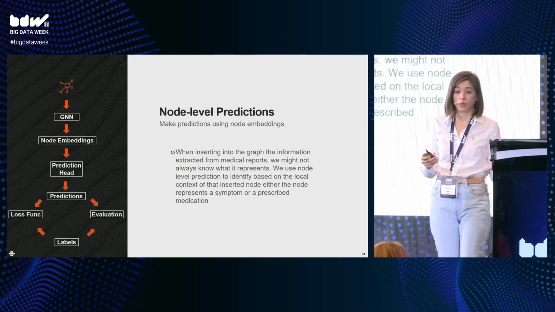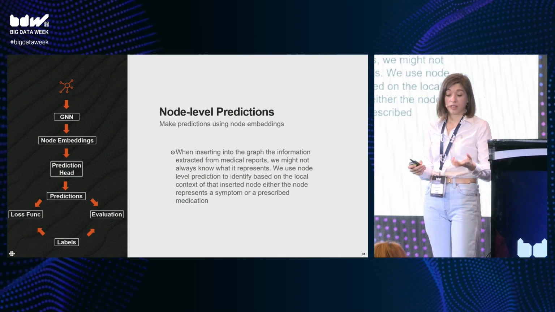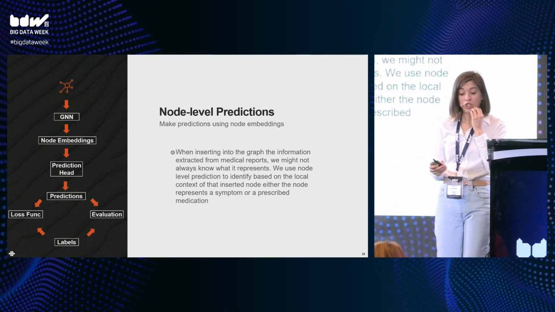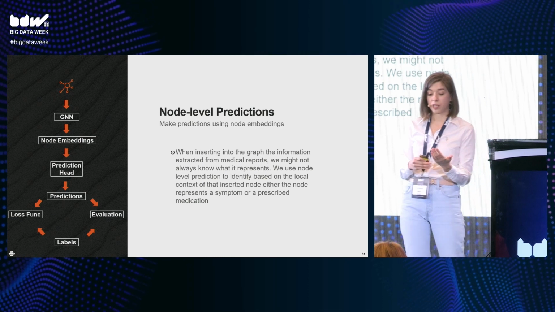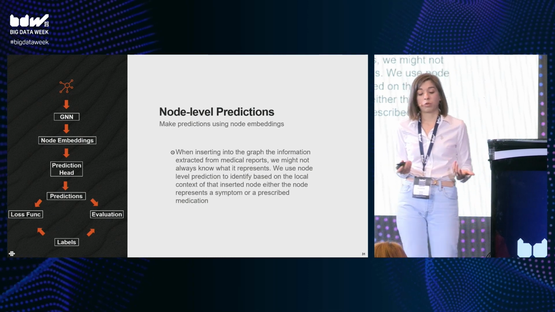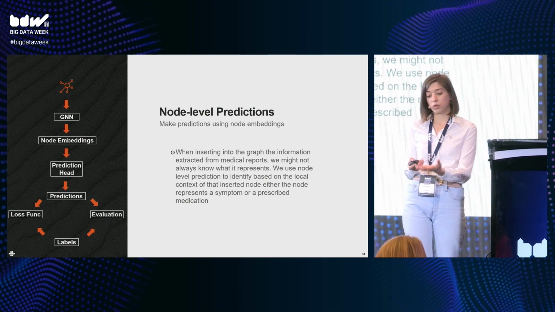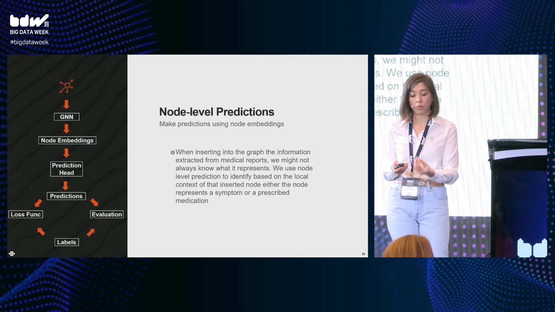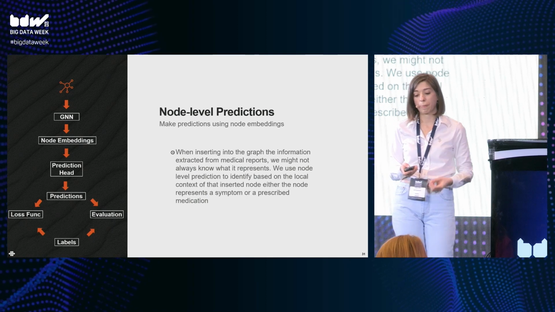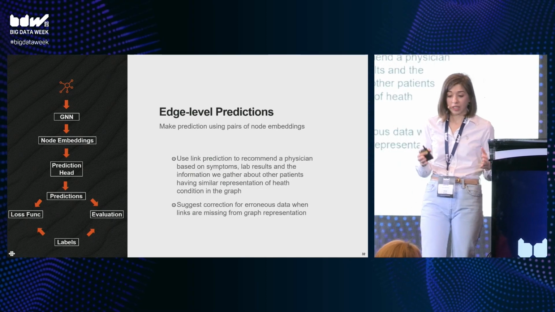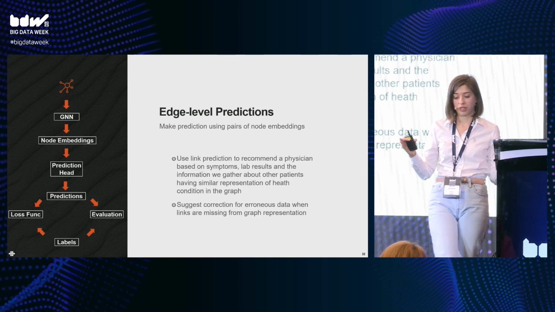We only know that it's important for that document. We insert it, we link this information to the patient and other entities that are related to it, but we don't know exactly what type it is. We can use node level prediction to put a label on this node to say, okay, this is a symptom.